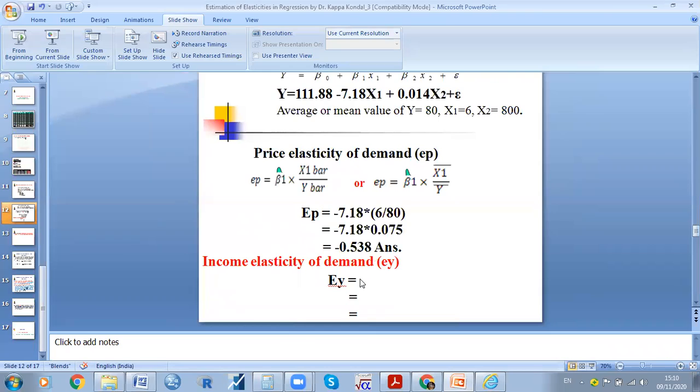So you can write 0.014 into the average of x2, which is 800, divided by the average of y, which is 80.